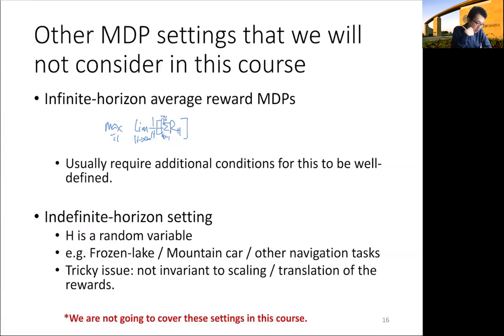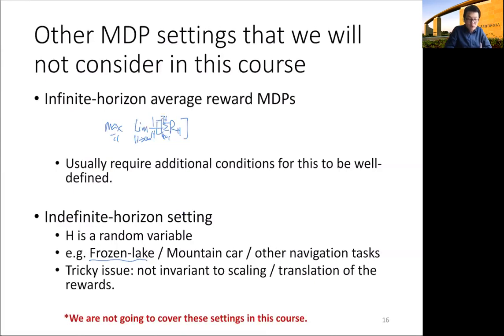Another thing that we won't be talking about is the indefinite horizon setting. In this case, h is a random variable. We talked about the frozen lake example, and when h is a random variable, there's a tricky artifact that reward design becomes more critical, because the agent can learn to make h larger or smaller in order to maximize its gain or minimize its losses.